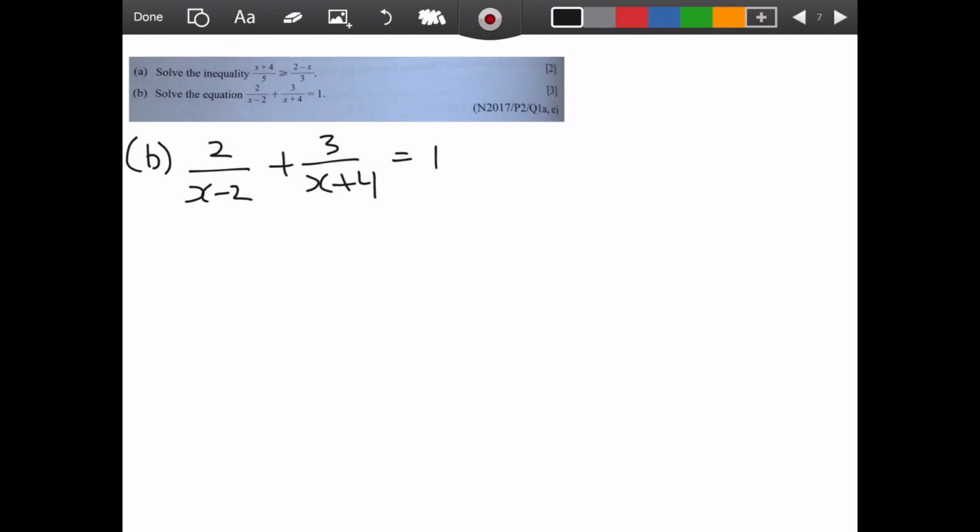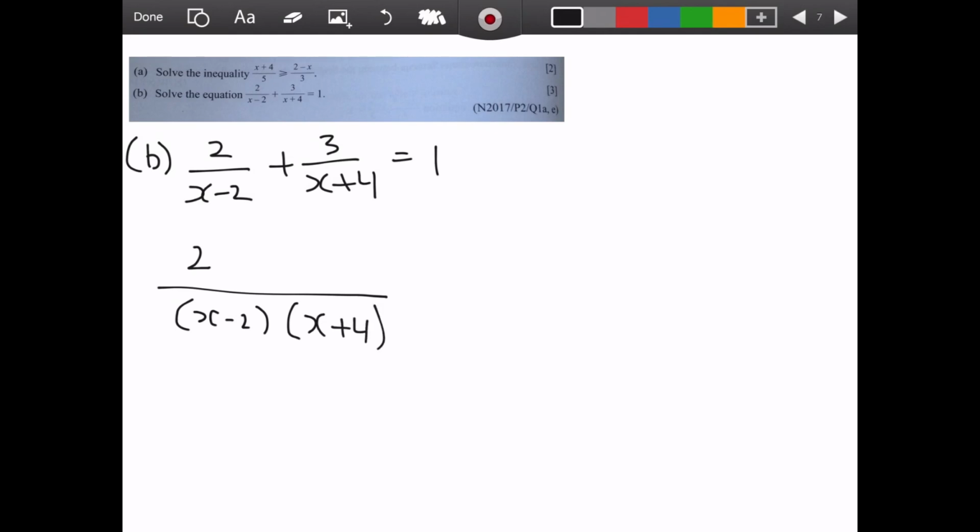If you want to combine the two fractions together, you want the denominator to be (x minus 2)(x plus 4).